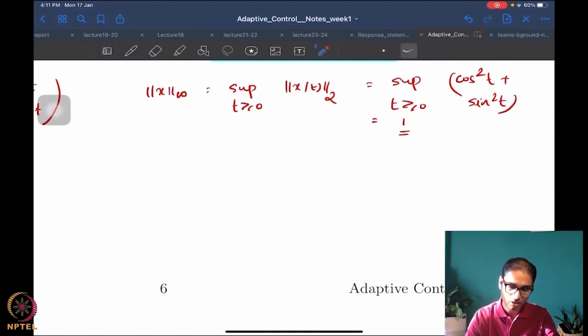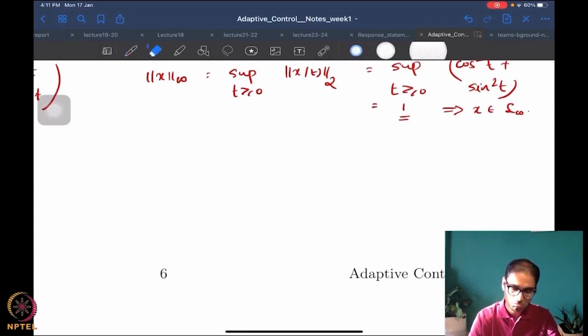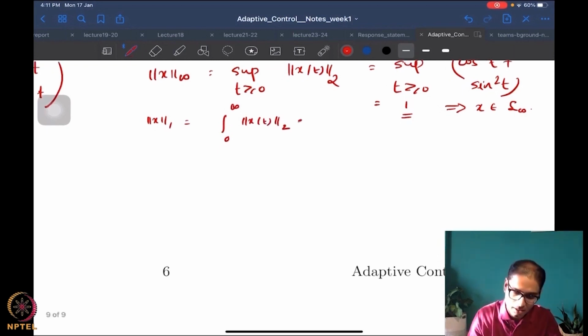So what have we shown? That the infinity norm is 1. So I can even say that x belongs to L infinity as per our definition. Now let's try to compute, say, the 1 norm. So what is the 1 norm of x? It is now the integral from 0 to infinity of norm x(t), and I take the two vector norm here again, dt.